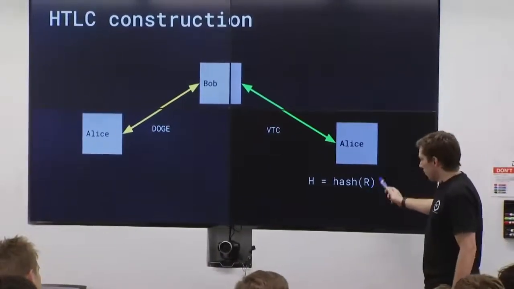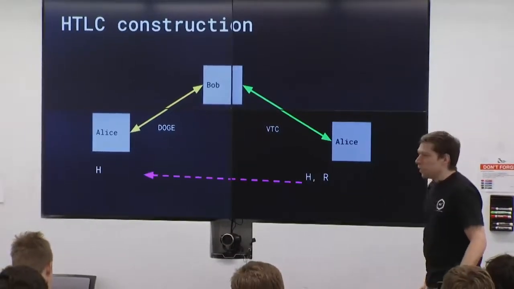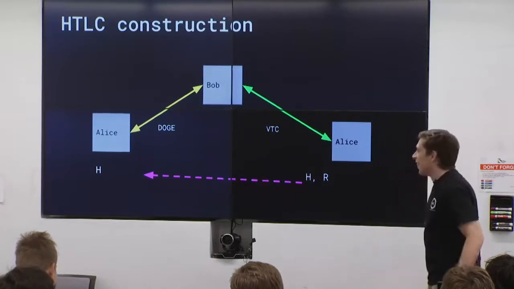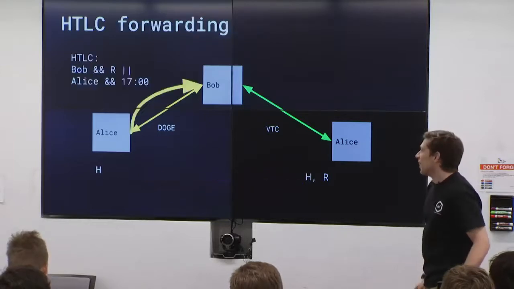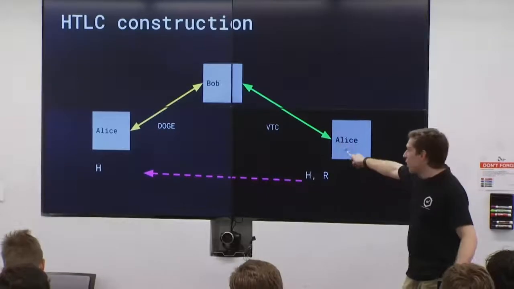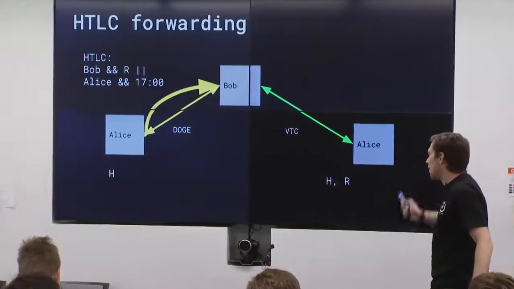Alice computes a random number, R, hashes it to make H. She sends it to herself, which doesn't really make any sense in this case, so you can skip that step. Alice already knows H and already knows R. But Alice doesn't have to be Alice, right? It could be Carol. So there are optimizations you can do when they're the same person, but anyway.